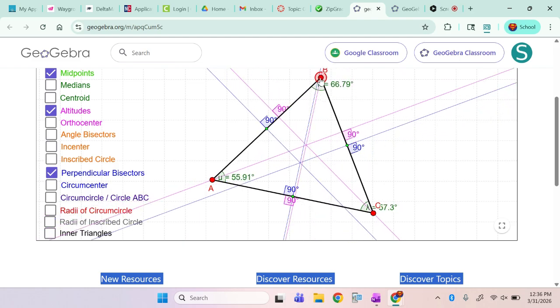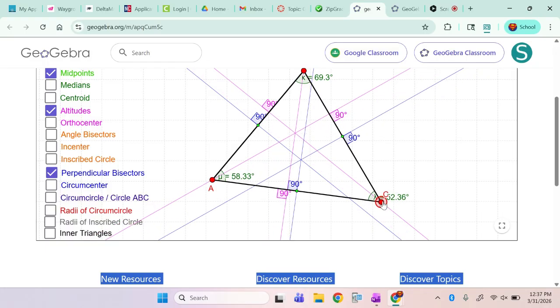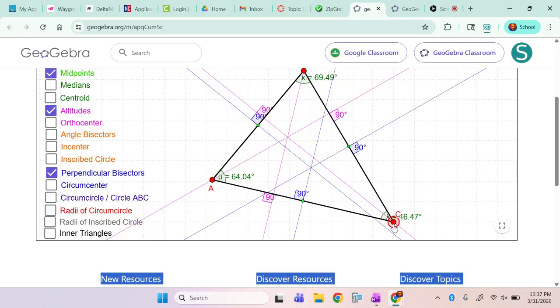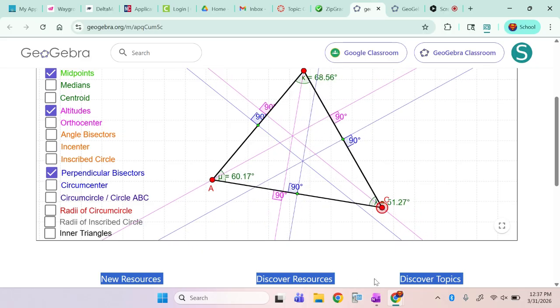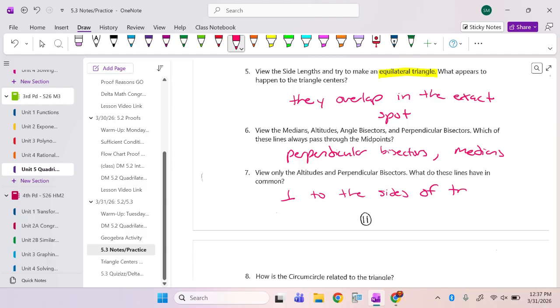They're always perpendicular to what? Aren't they perpendicular to sides of the triangle? At some point? Yes. So that's what they have in common. They're perpendicular to the sides of the triangle.